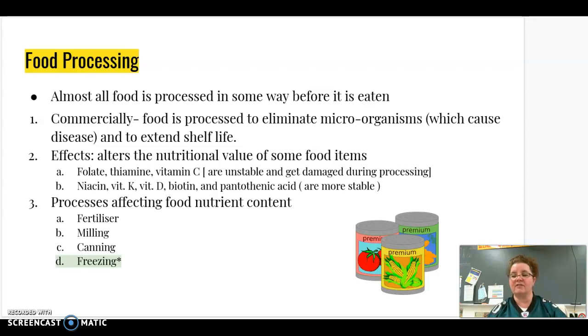It also takes care of the air that was trapped in there. And it extends the food's shelf life. So some types of microorganisms require severe heat temperatures to make sure that it is killing those organisms. So it also affects the taste and texture of the food, making it a little less appealing.